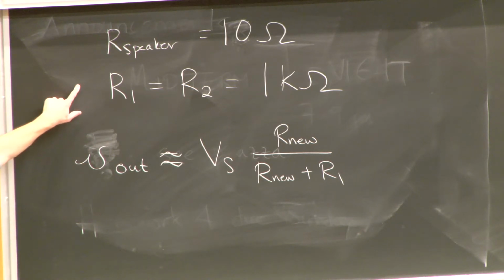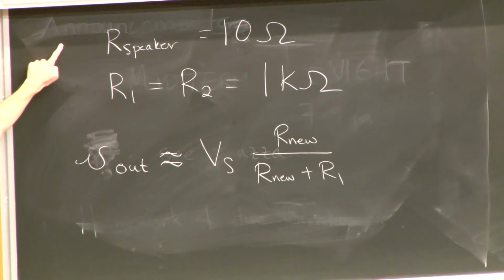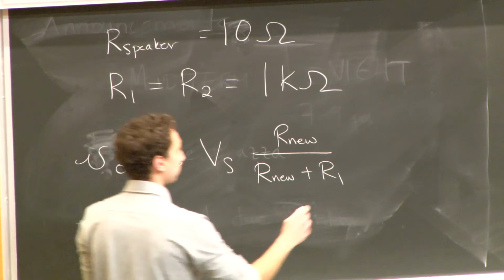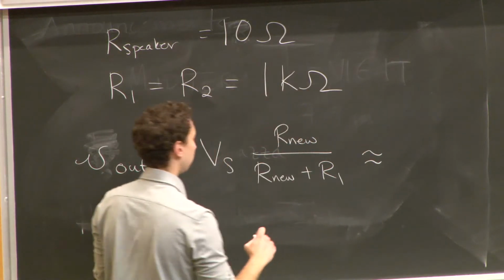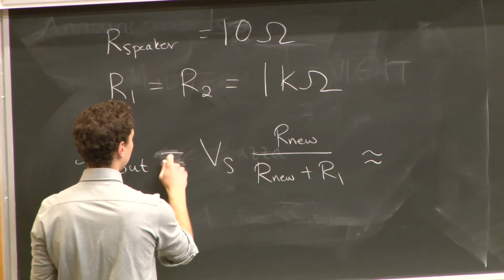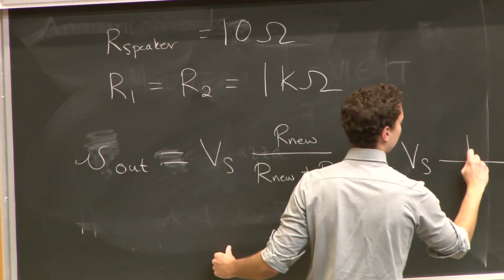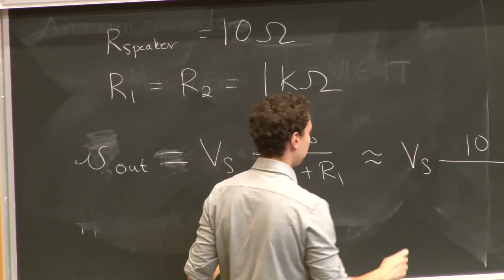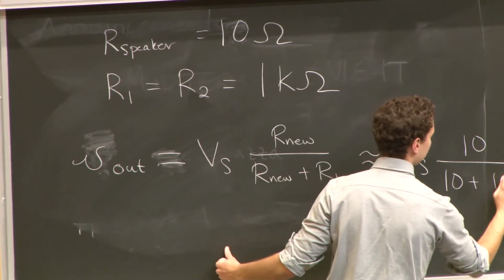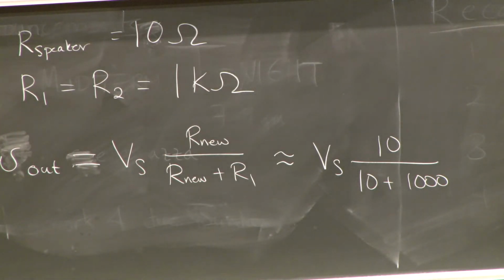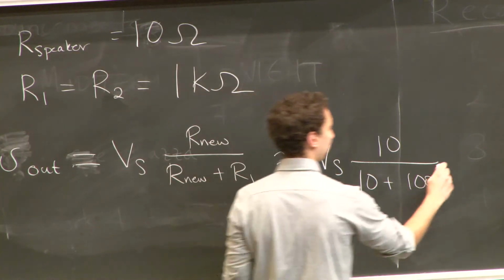So what's R new? If I tell you R2 is 1 kilo ohm, our speaker is 10 ohms, it'll be a little bit less than 10 ohms, right? So this is strictly equal, and this is approximately Vs times 10 ohms about, divided by 10 plus 1,000, which is pretty close to 0.